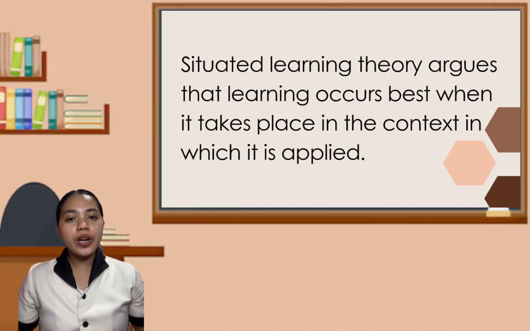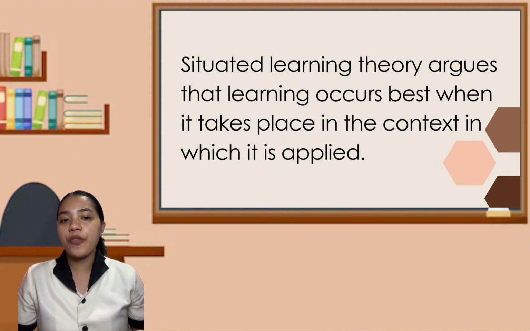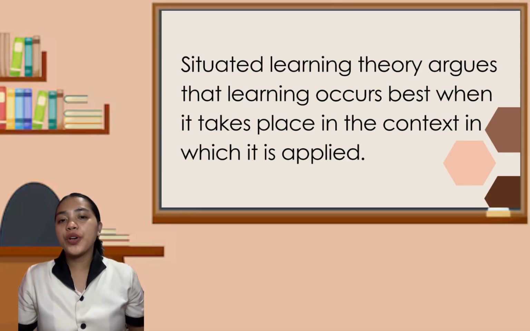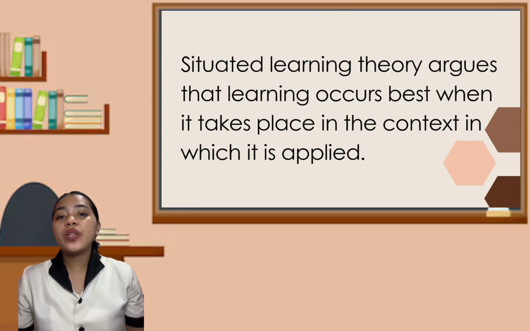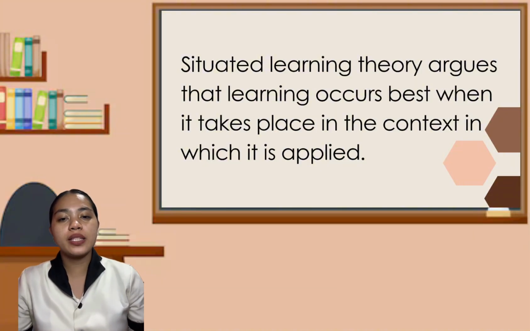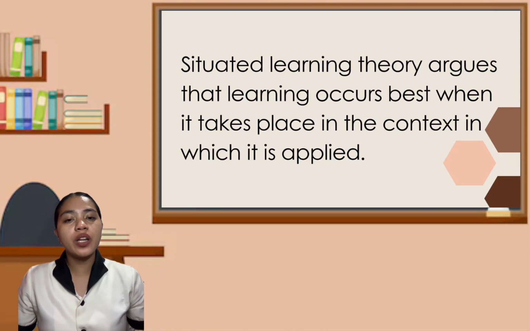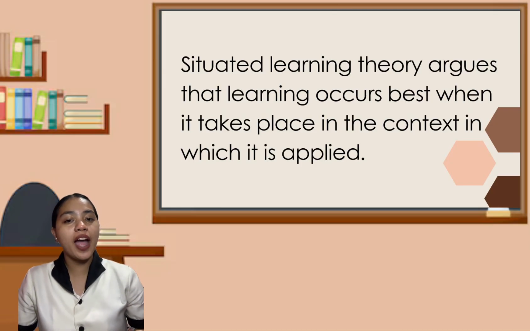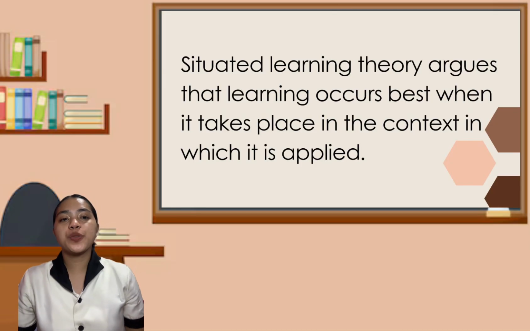Situated learning theory means that people learn best when they learn inside real situations, not only from books or lectures. Instead of learning in a classroom only, students should learn by doing real tasks in real environments. So in here, students start as beginners and learn by observing and practicing under the guidance of experts.